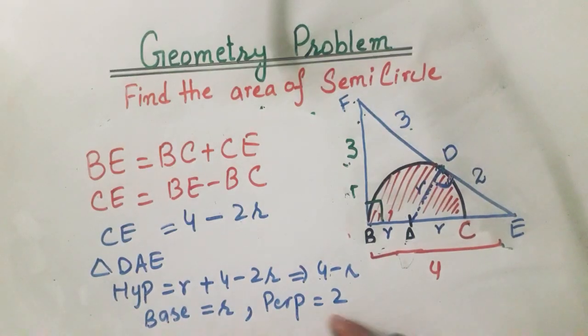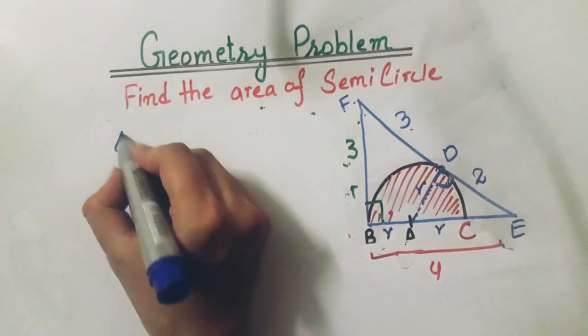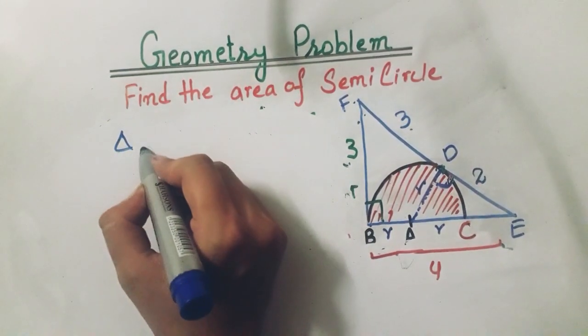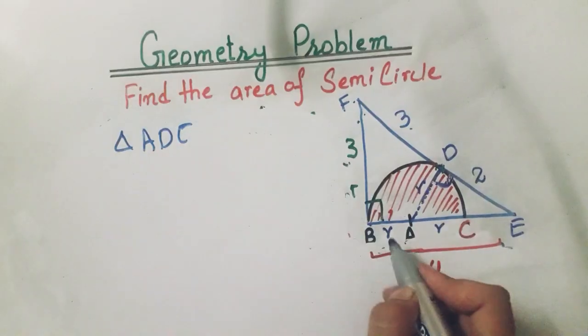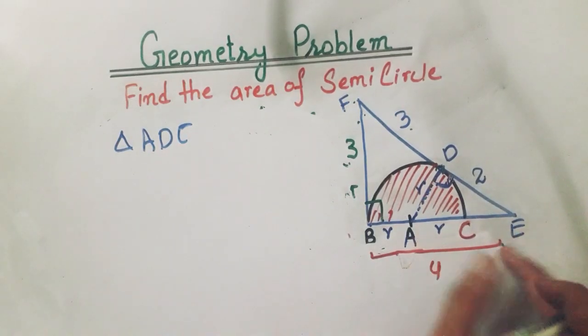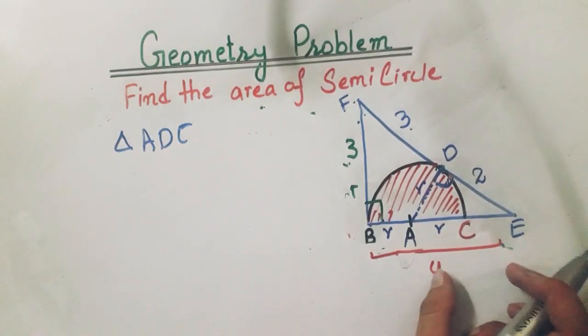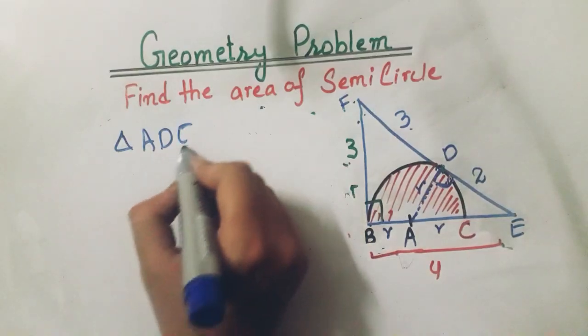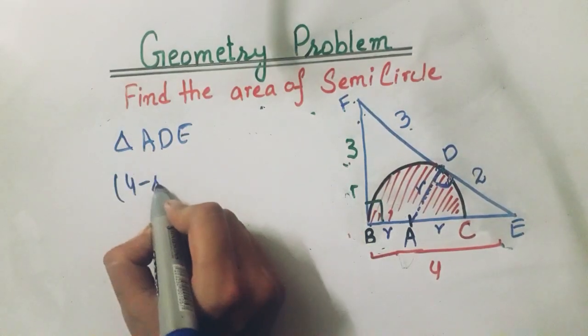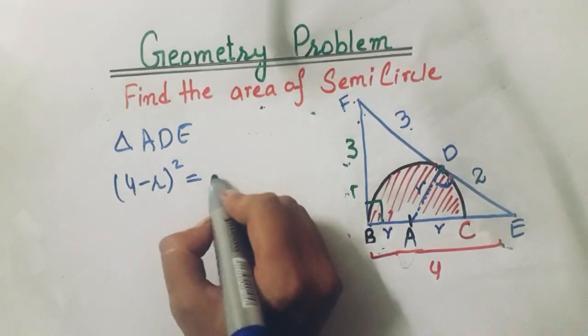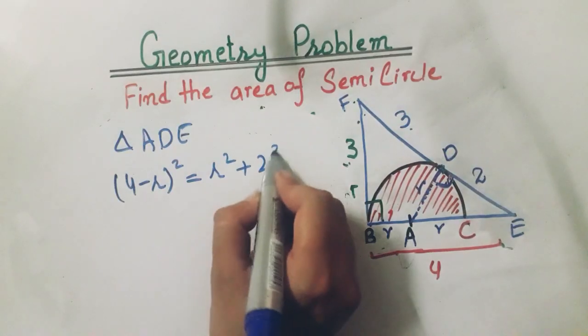Now we can easily find the value of R by applying the Pythagoras theorem. So on triangle ADE, we will apply the Pythagoras theorem. So this side is 4 minus R, squared, equals R square plus 2 square.